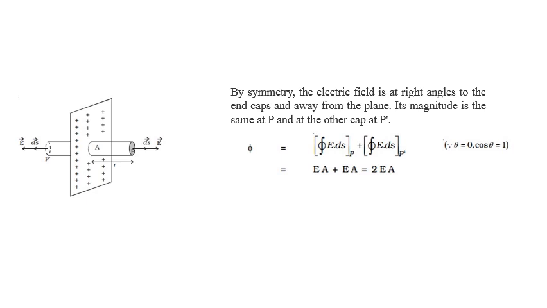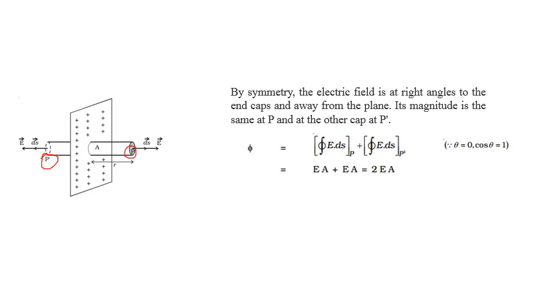Because both are at the distance r from the sheet. This is P and this is P prime, and both are at distance r from the sheet, so both have the same field and E is outward.